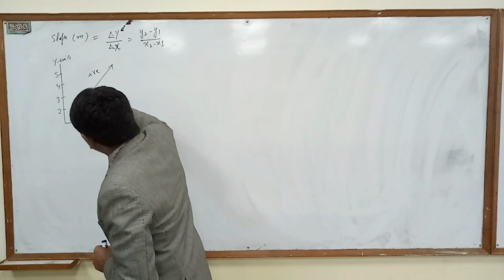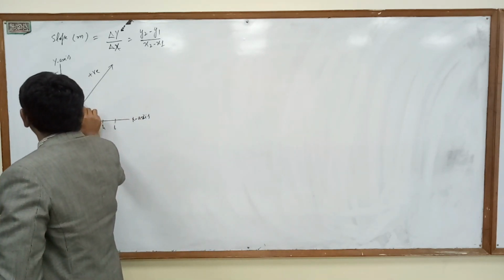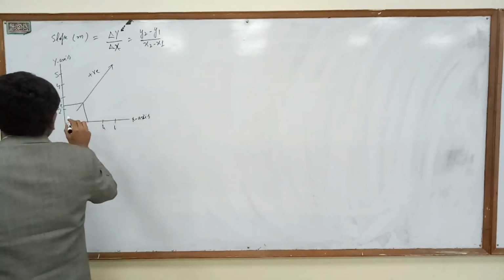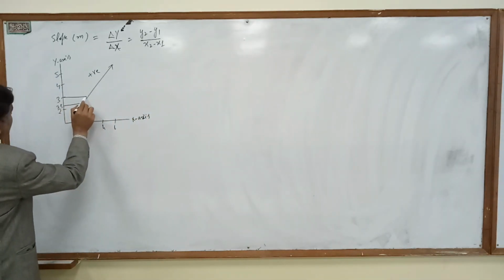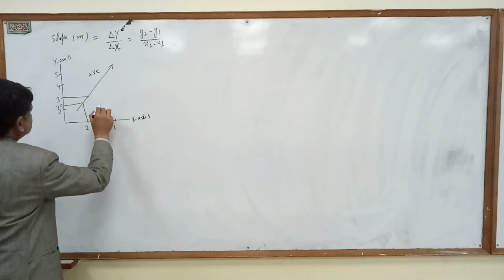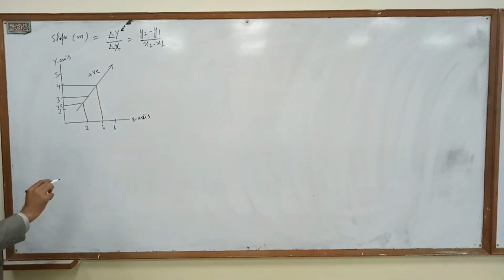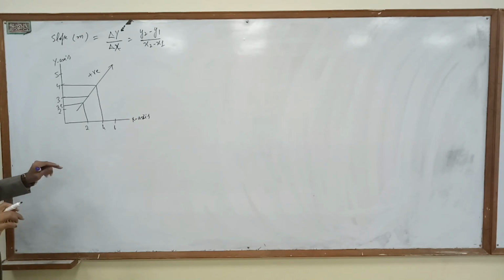If the value of x is 2, the value of y is 2.5, I assume. Okay? Yes. If the value of x is 4, the value of y is also increased.